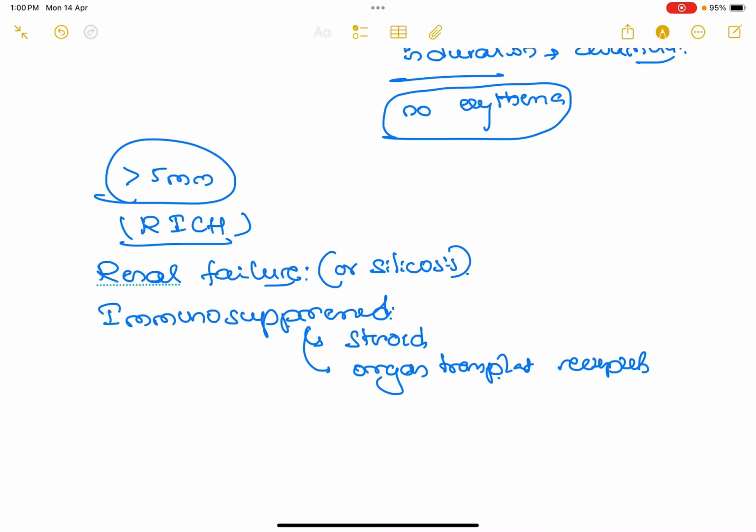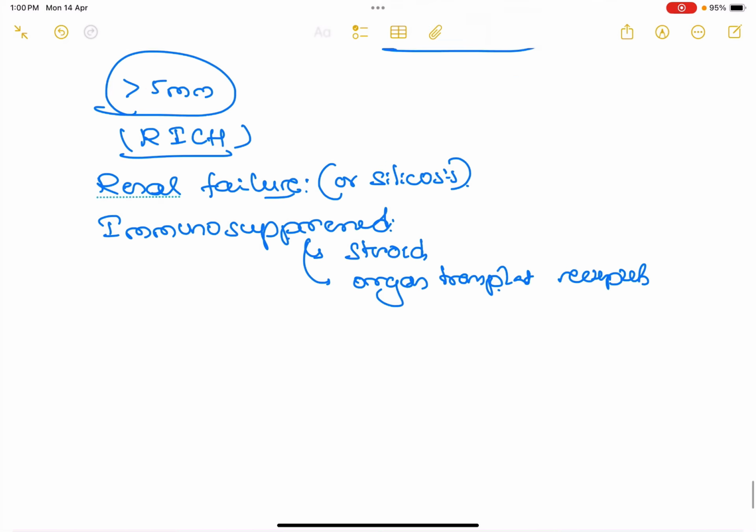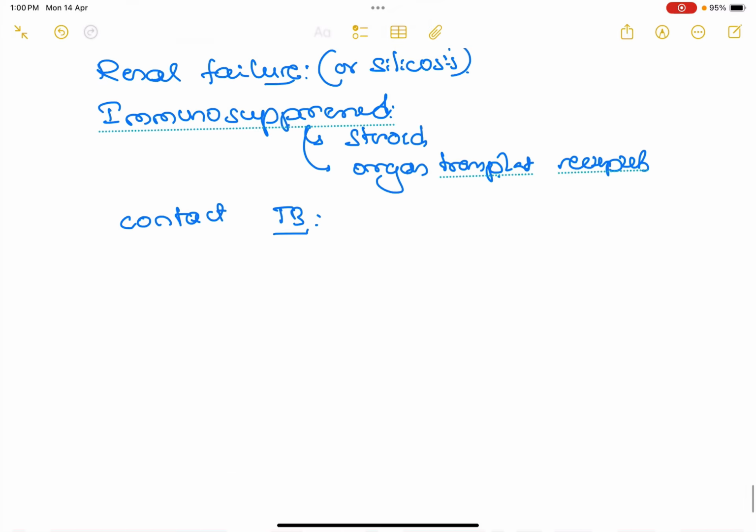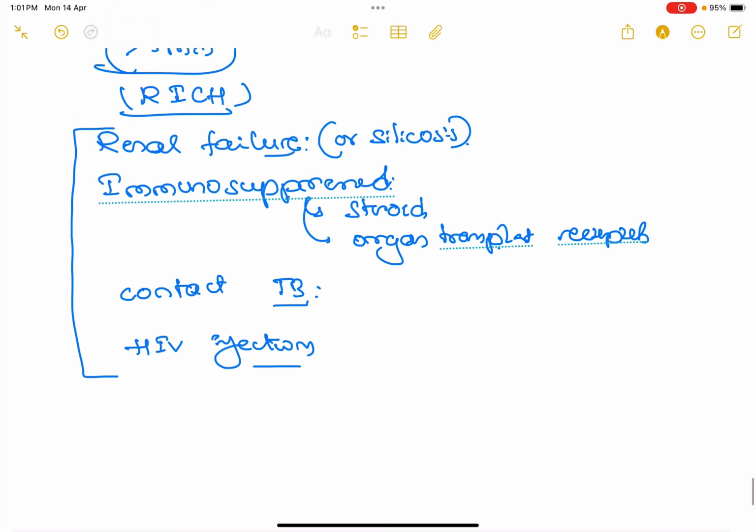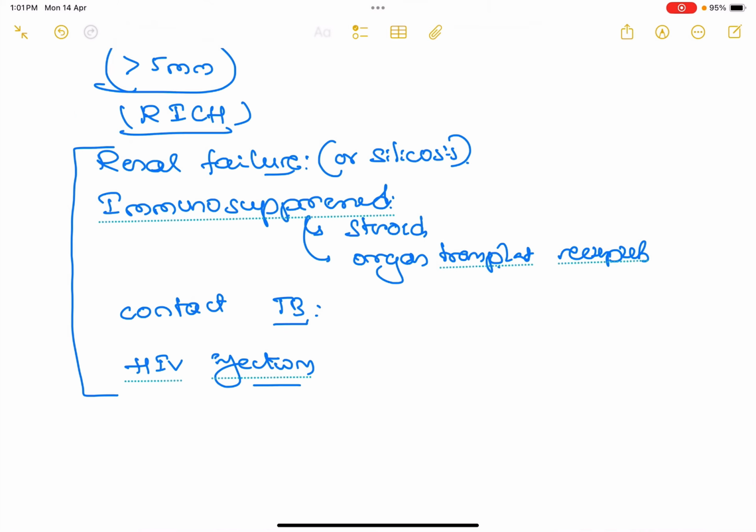C stands for contacts of infectious pulmonary tuberculosis, and H stands for HIV infection. So in these RICH patients, even if the induration is more than 5 mm, we can provide TPT, that is tuberculosis preventive therapy.